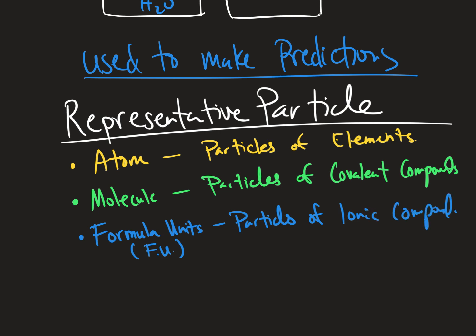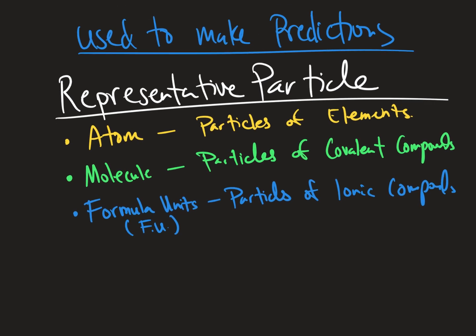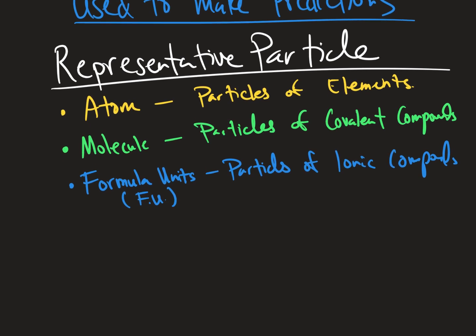But again, ladies and gents, I'm okay if we just use molecules. Okay? When I started teaching 15 years ago, I was pretty strict on this. No, that's the right. It doesn't matter. Okay? It really doesn't. Just a name. Okay?